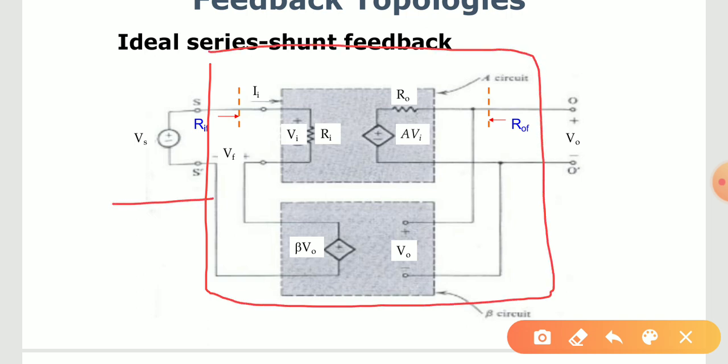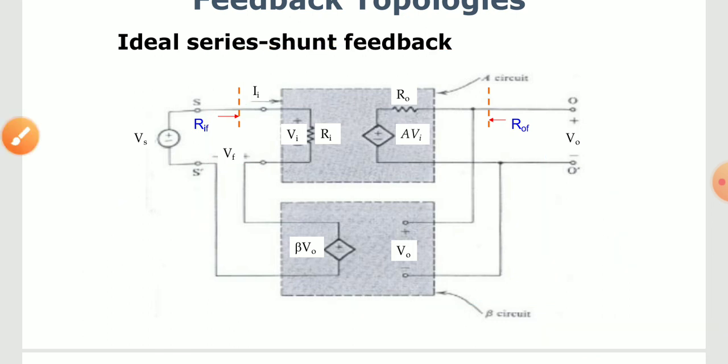For this block the input is the V of S, and the output is defined as V of F. We want to identify, for this block's input side, a single impedance, which is defined as R of I of F. So what will be the value for R of I of F?